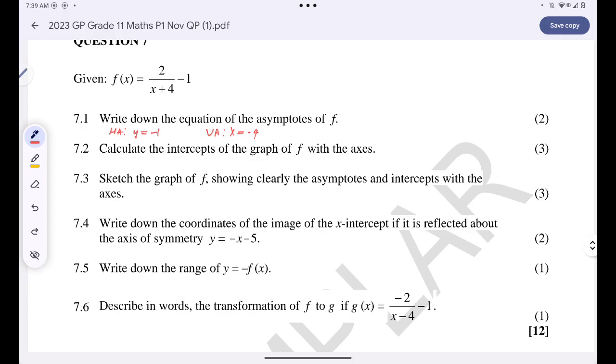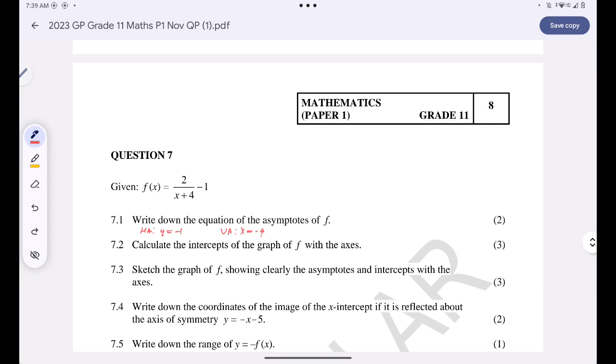Second question, they want us to calculate the intercepts of the graph of f with the axes. Basically, they want us to find the x-intercept and the y-intercept. How can I do that? For my x-intercept, I don't care what kind of graph I'm dealing with, I know that y is always 0. So all I need to do is substitute 0 whenever I come across y and then solve for x.